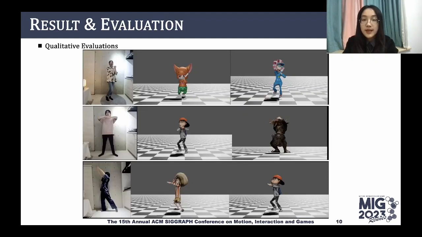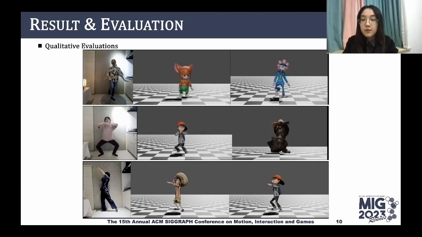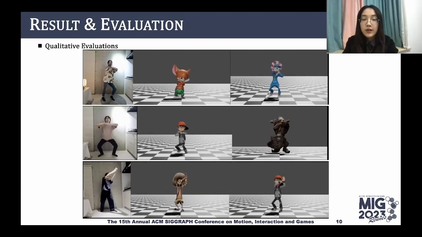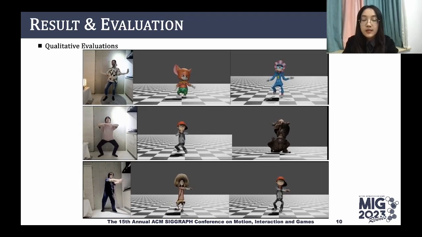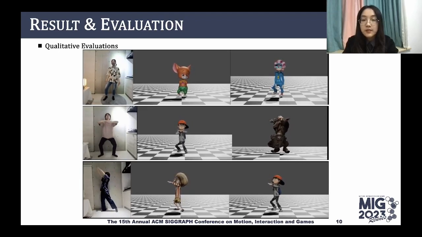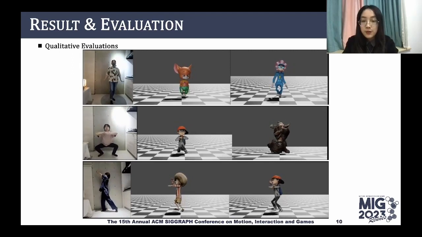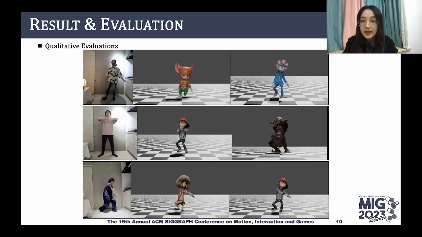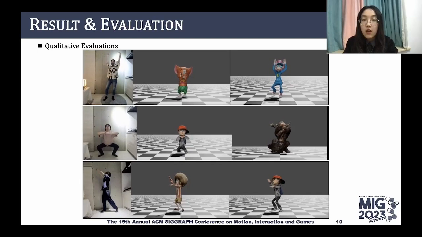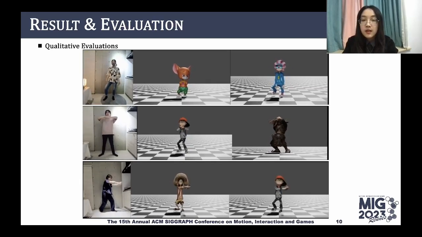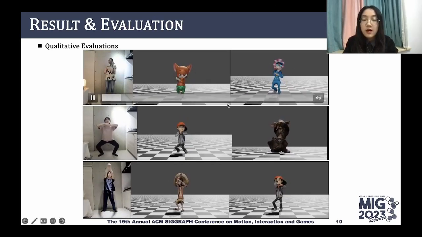In our results, the animations created using our method can accurately mimic the movements seen in the video, regardless of the character. These videos were made by ourselves using a smartphone. As you can see, we can make character animations through these videos. It can even handle retargeting of random movements, such as those found in dance sequences.